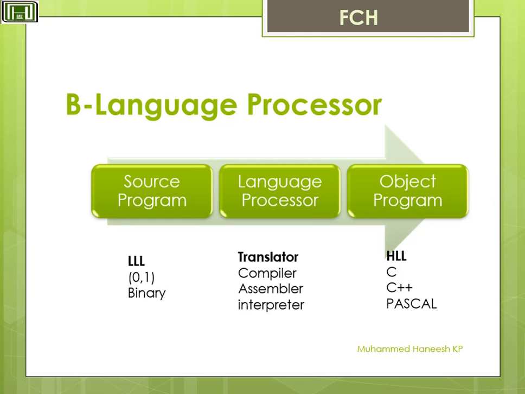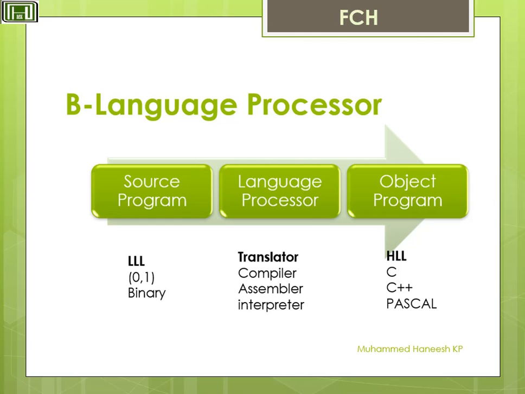Machine language is called binary, which is the combination of 0 and 1. To convert between machine language and high-level languages such as C, C++, and Pascal, we use a language processor. Language processors are software designed to accept a program written in a high-level language and translate it into a low-level language.